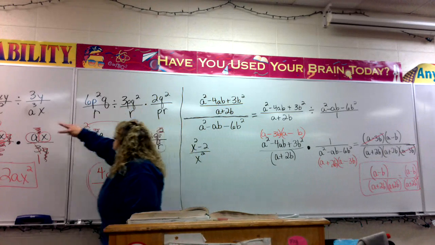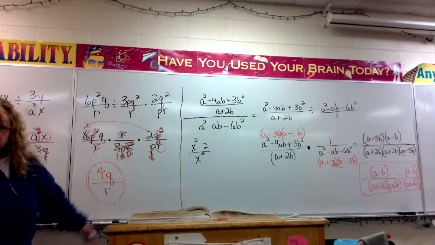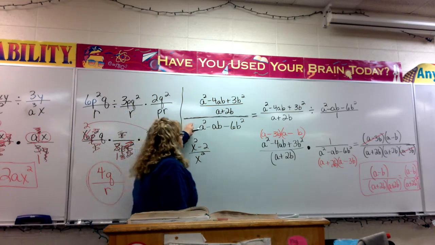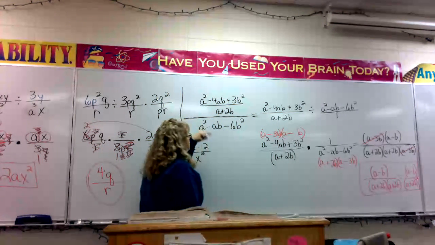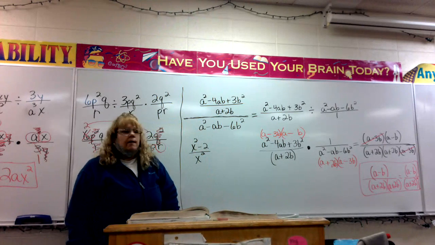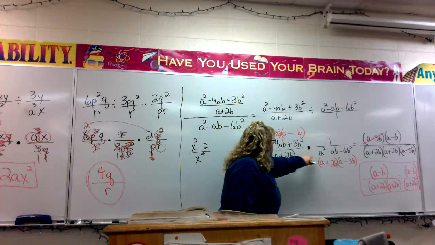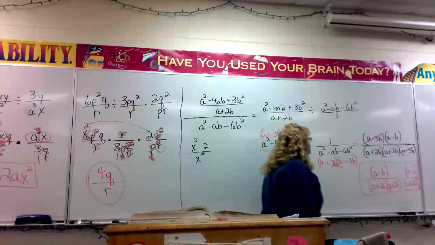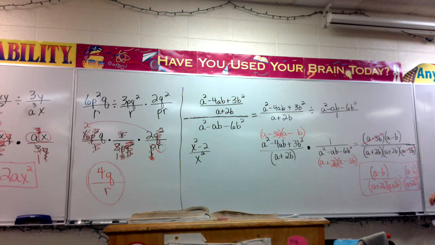You flip the ones you need to flip and then cancel what you can. Write it as a regular old fraction divided by another fraction instead of this complex business. Once you flip and multiply, factor those things that you can factor. And once it's factored, then you'll be able to cancel some stuff.